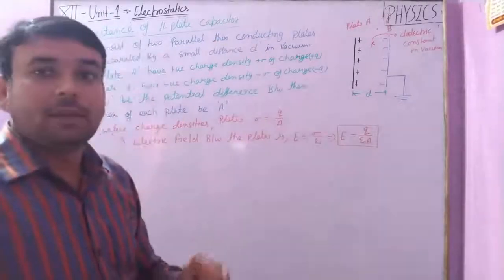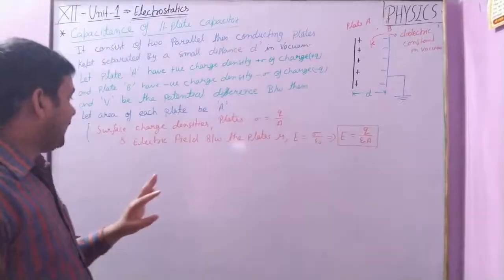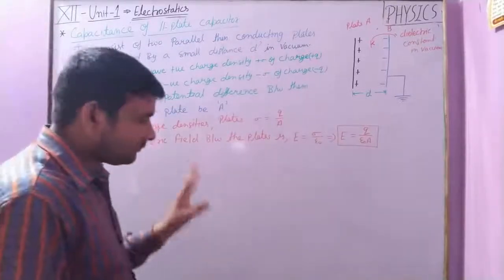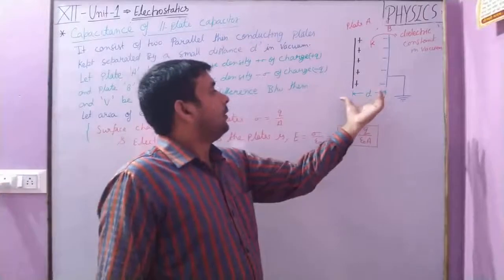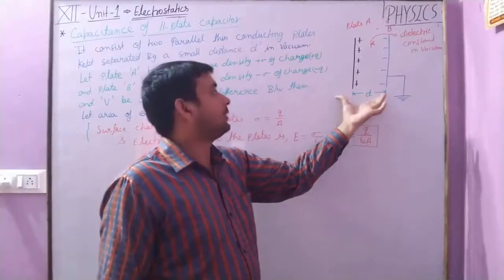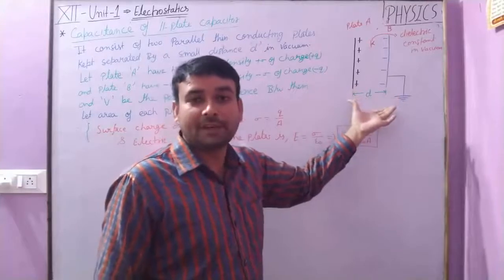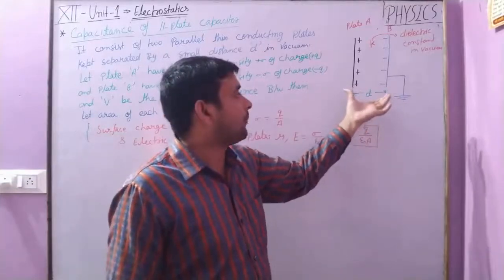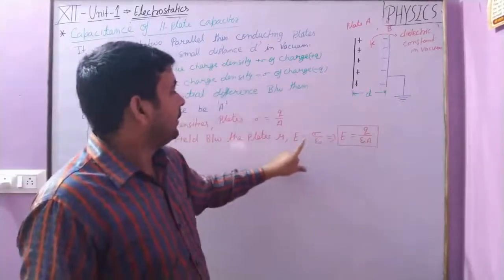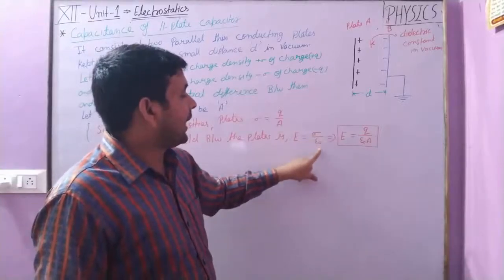And in Gauss's law application, we had derived a formula for the special case of the electric field between two plates with opposite charges: E equals sigma upon epsilon naught.